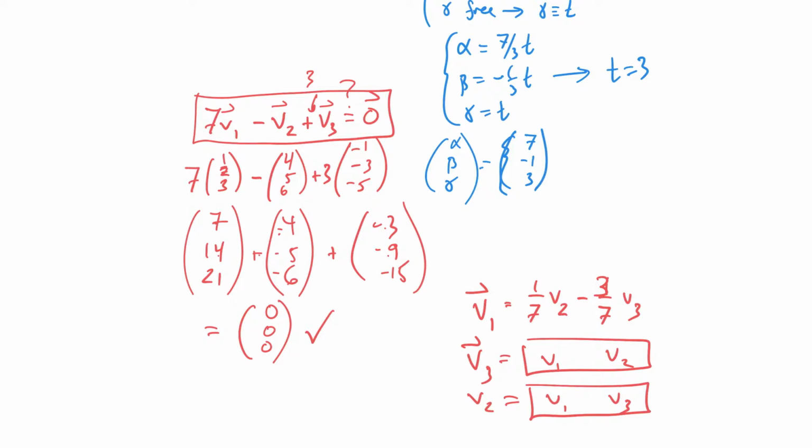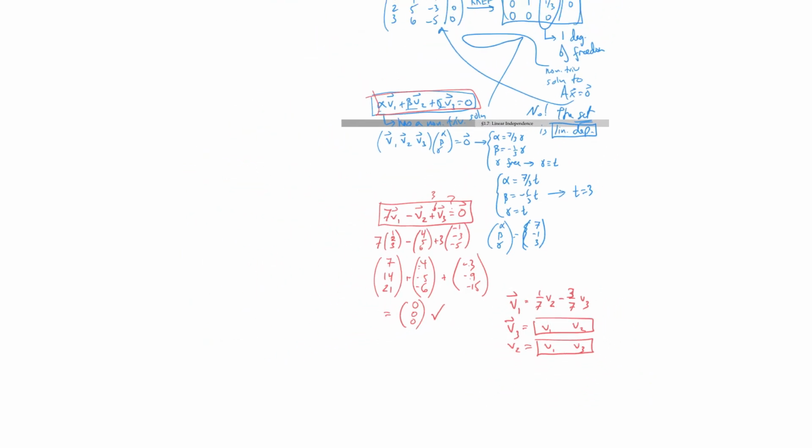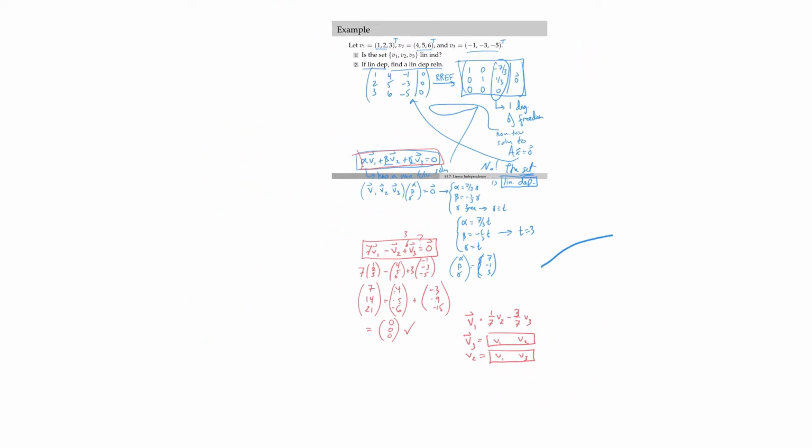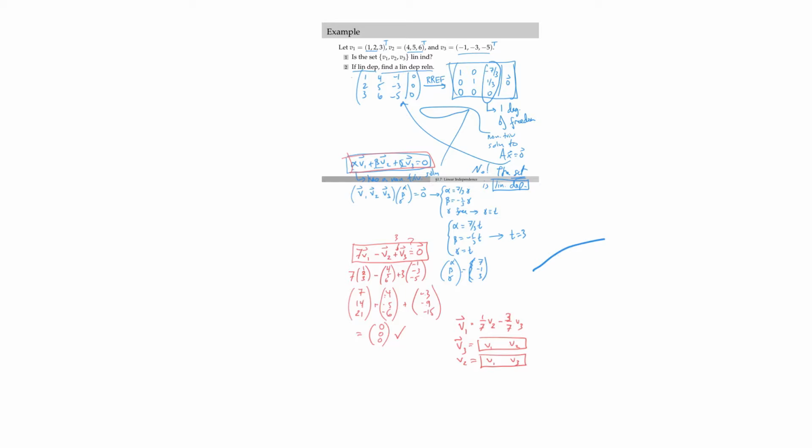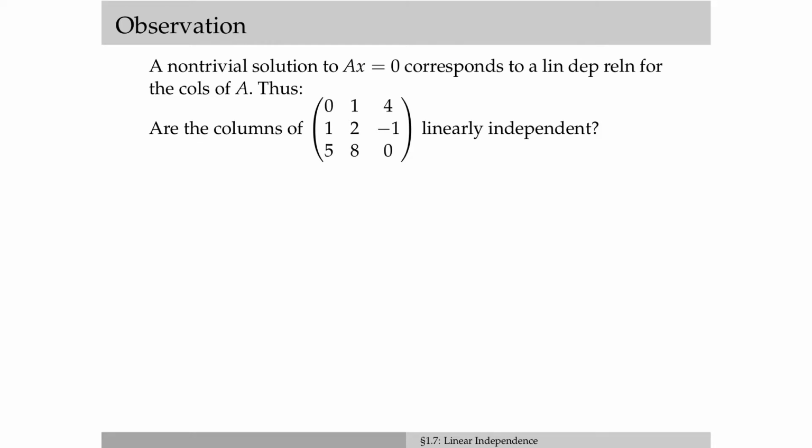The bottom line is I can solve for any one of my vectors in terms of the others, showing that particular vector is actually superfluous. Yes, this set of v1, v2, and v3 from this slide was dependent. And at the very end there, I was able to solve for v1, v2, or v3 in terms of the other vectors.